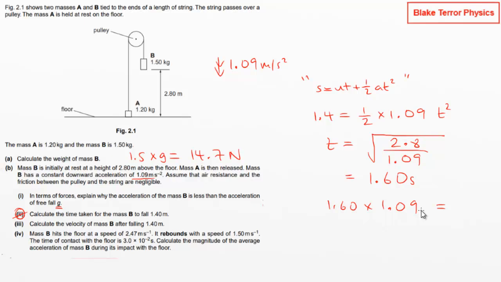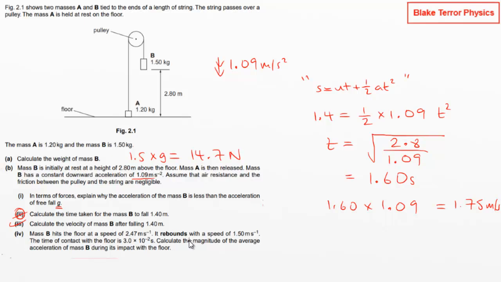That gives us 1.75 meters per second. Again, illustrating how it's so much easier to go acceleration to velocity than acceleration up to displacement.